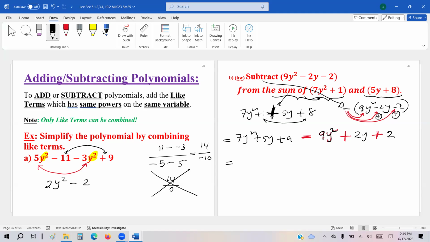Any questions so far? No? Okay, tell me what like terms you see. Seven y squared minus 9y squared. How much do you get? Negative 2y squared. Anything else? Plus 7y: 5y plus 2y, so we have 7y.